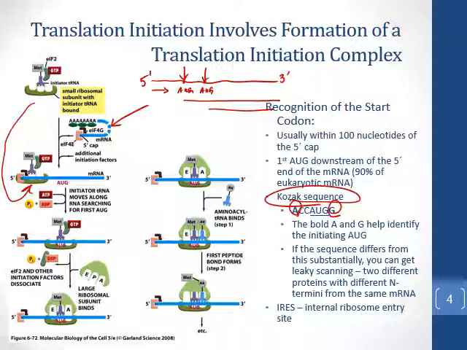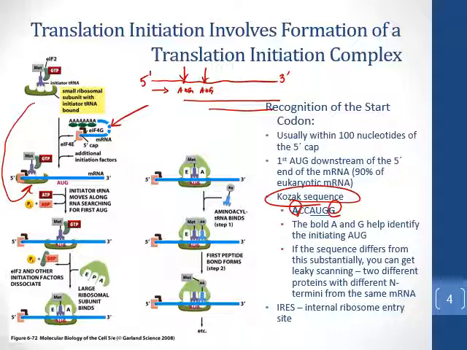So just remember that for most mRNAs, translation occurs when the small ribosomal subunit binds to the 5' end and scans looking for the Kozak sequence.